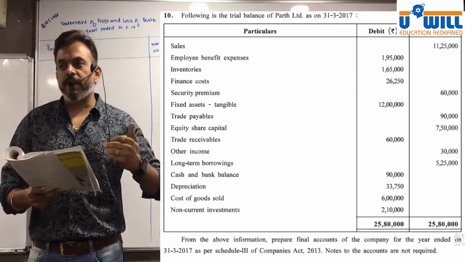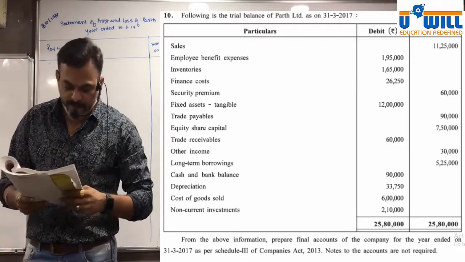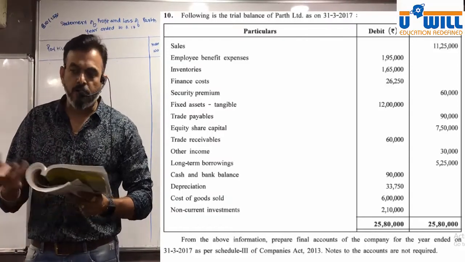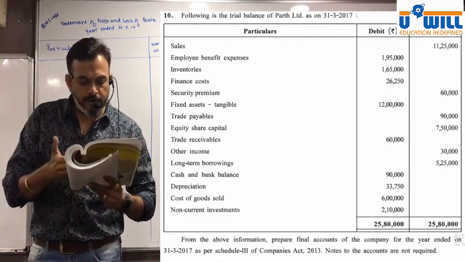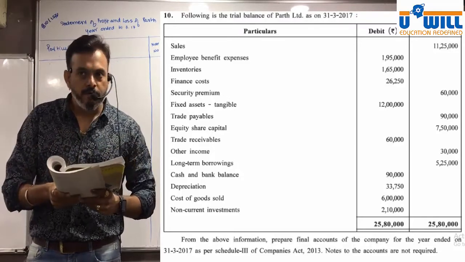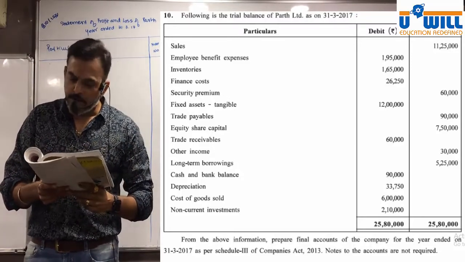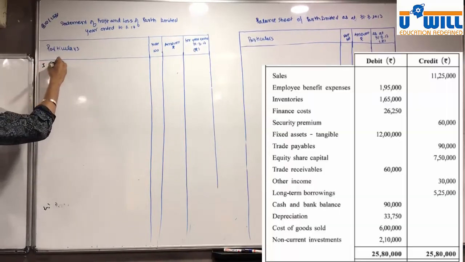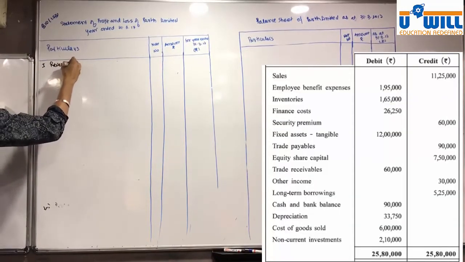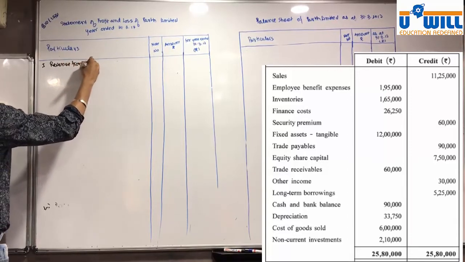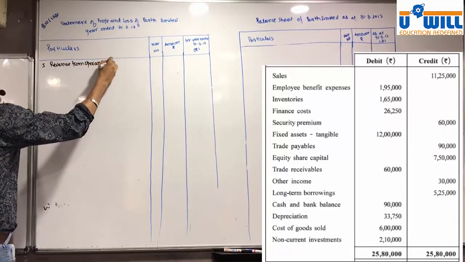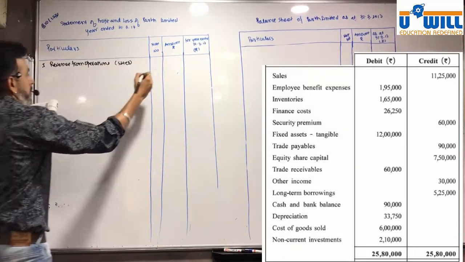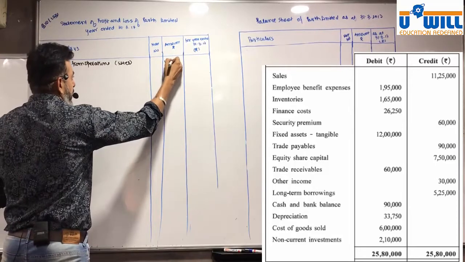Purchase, yes, we can say part of our expenses. And non-current investment, again non-current asset. No other information is given for tax or anything. Okay, let's start. First, revenue from operation. Sales 11,25,000.